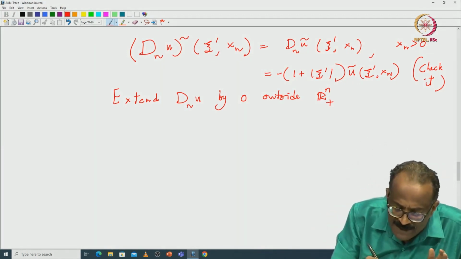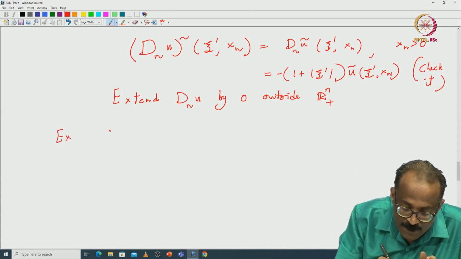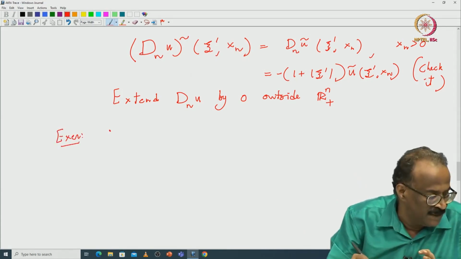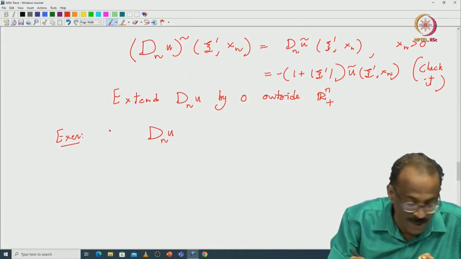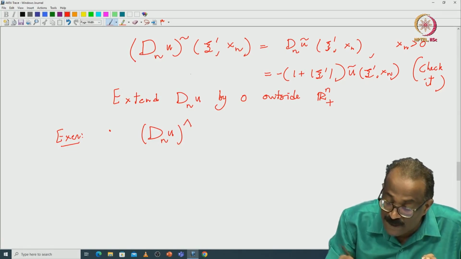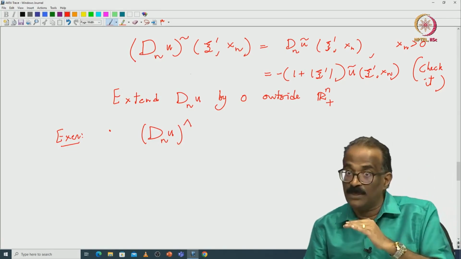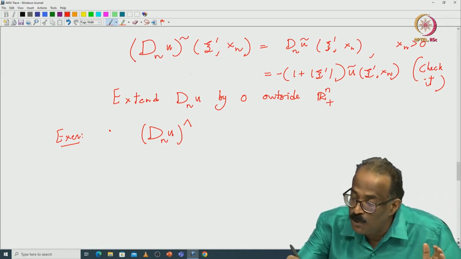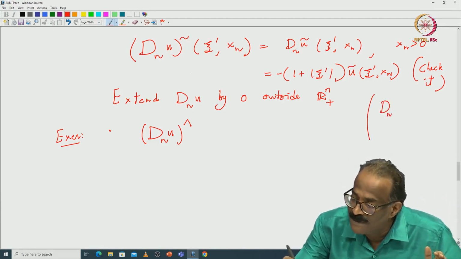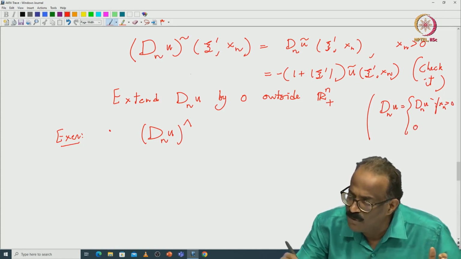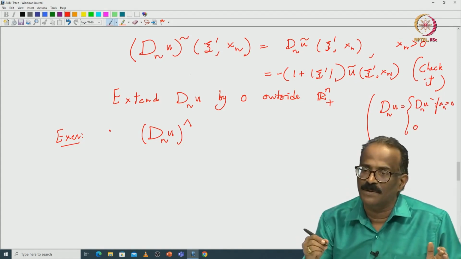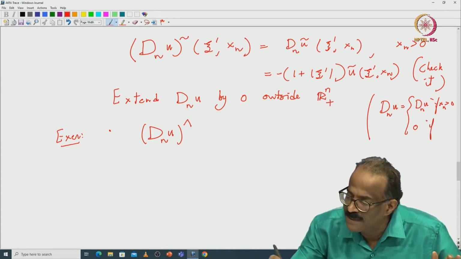And as I said again, solve some exercises, because I want to tell you a few other things. So I will keep this here now. This is about d_n of u, its hat now. Keep in mind, d_n of u extended by 0, I use it now. The new d_n of u is d_n of u if x_n is positive, and then I do not want to use the notation of tilde, d_n of u tilde, that is what I am saying, if x_n is less than 0.